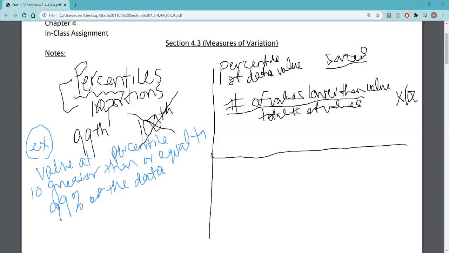And we multiply this by 100 because that is going to be what gives us a percentile. But note here that this is not times 100%. So there is a difference. Percent does not equal percentile.